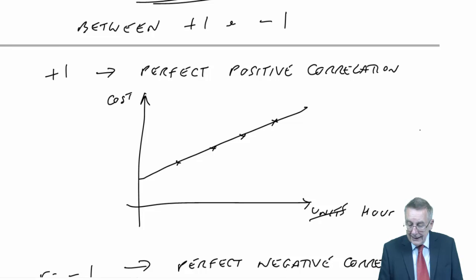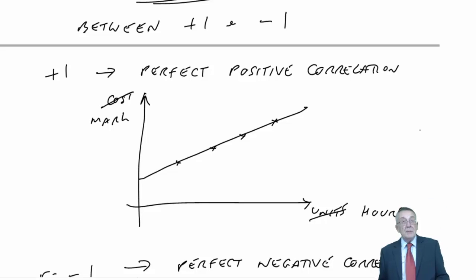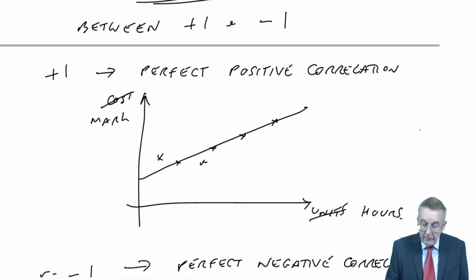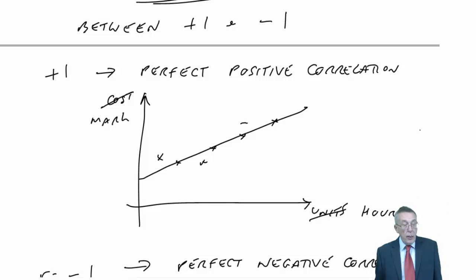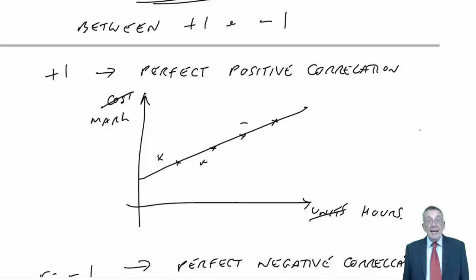Hours of study, more hours of study, a better mark. Again, I'm not claiming it to be perfect, but you would expect them both to work together. B, number of pages printed and the ink levels in a printer.